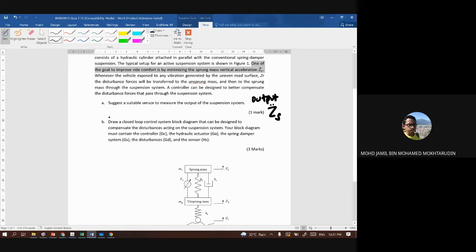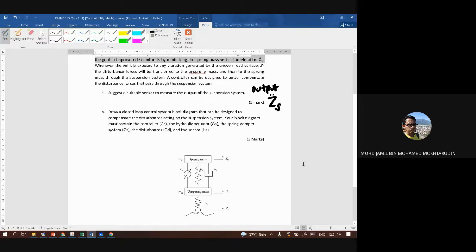For question B, draw a closed loop control system block diagram that can be designed to compensate the disturbance acting on the suspension system. Your block diagram must contain the controller, hydraulic actuator, the spring damper system, the disturbance, and the sensor.